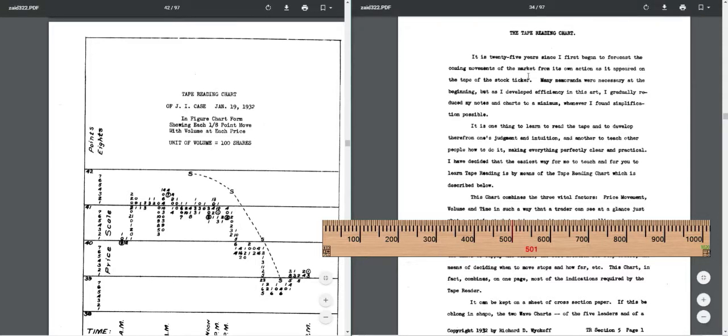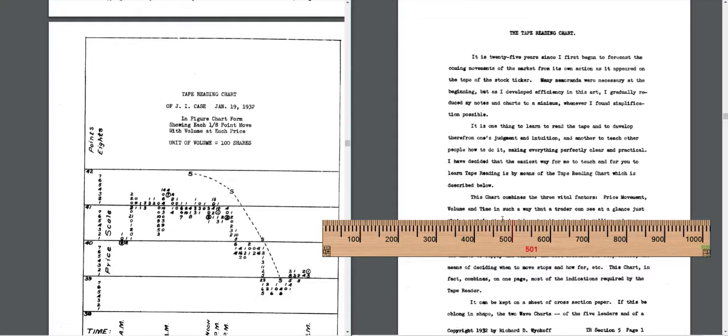Alright, so this chapter is called the tape reading chart. So all he does is use an order flow chart, and there are a lot of ways of doing that. You use a point and figure with volume, but I think the same principles would apply on any chart that has price and volume at that price.